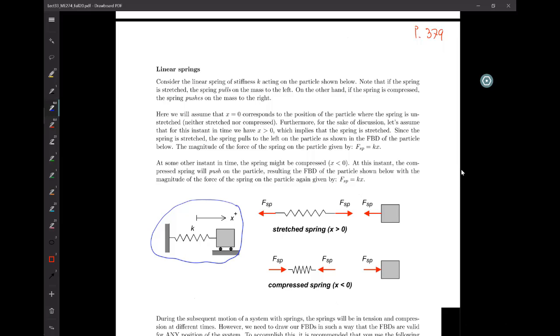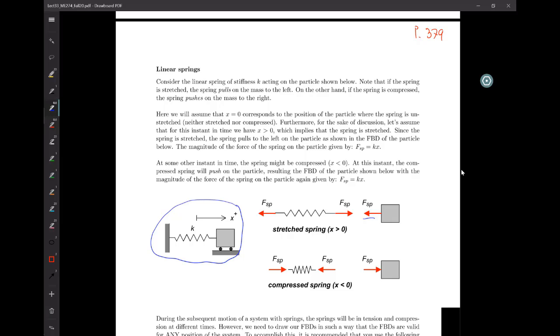And to get Newton's second law, we were doing free body diagrams, right? To see which forces are acting on our system. Now, when we have a spring, the spring imposes a force. And it doesn't really matter, because this is oscillatory motion, it doesn't matter if the spring is extending or contracting.